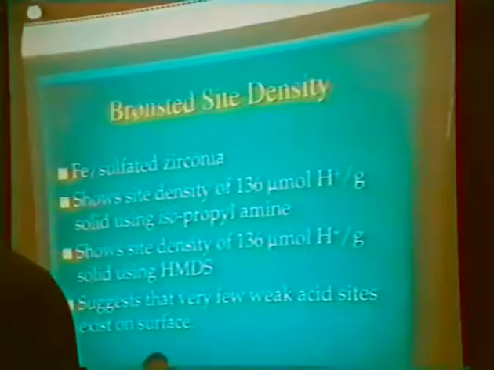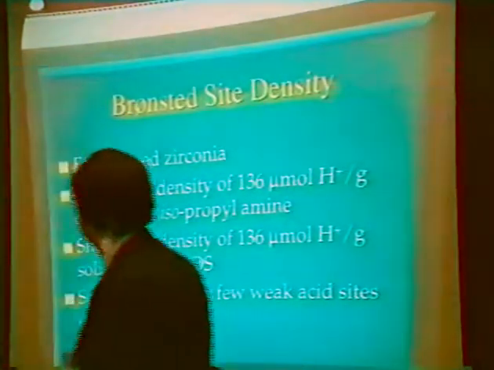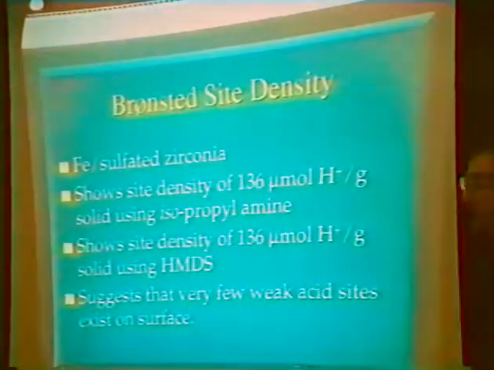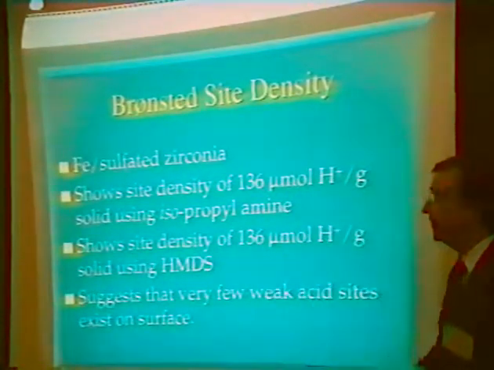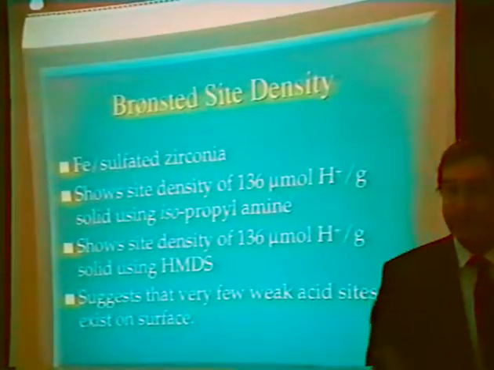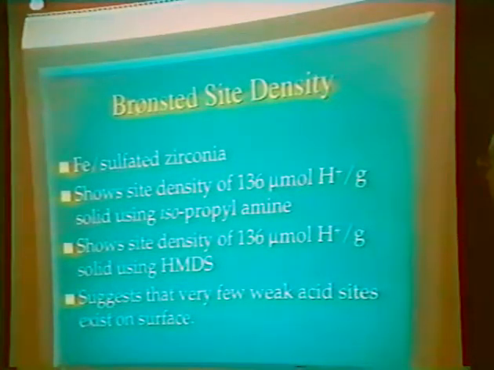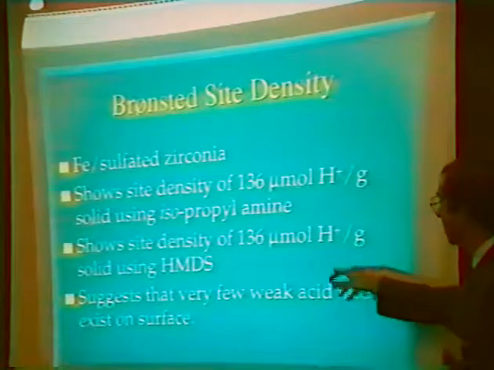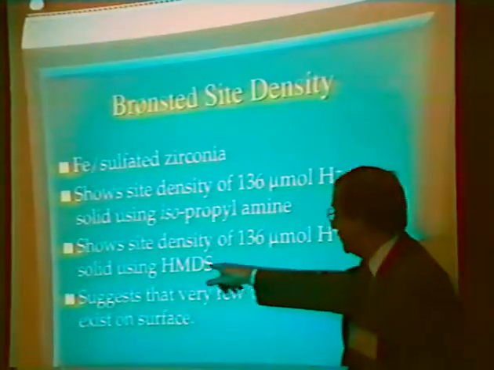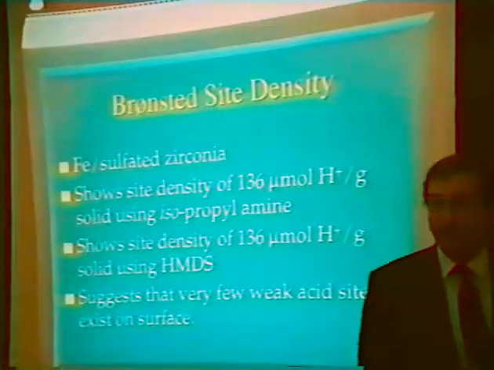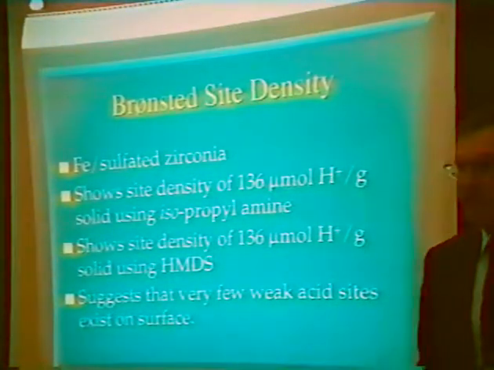So we chose one of the metal-sulfated zirconias, and I'm recalling to you that the earlier measurement using the weak base isopropylamine gives a certain site density of around 140 micromoles of protons per gram of solid. When we use a sample from the same lot with this much more aggressive base, hexamethyldisilazane, the number comes out to be very close.